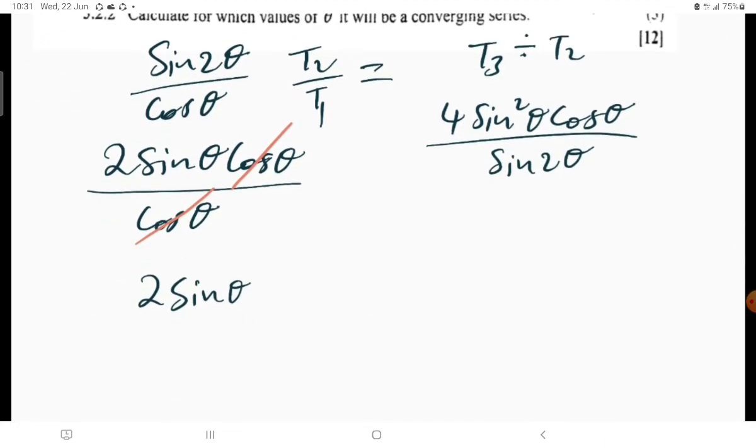If we can simplify this one, we can break it down to 2 times sine theta, and therefore we are having 2 sine theta cos theta.